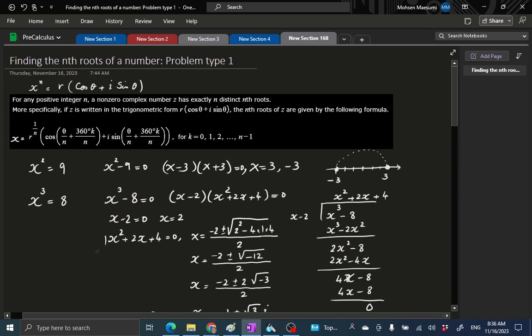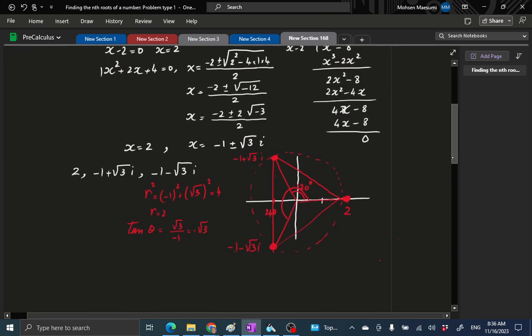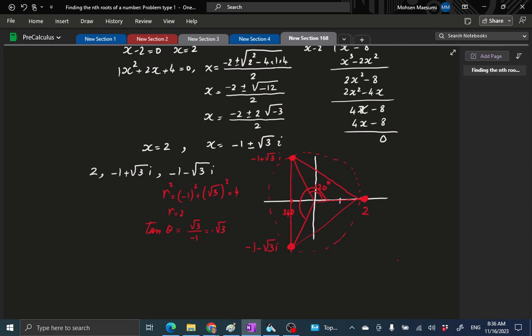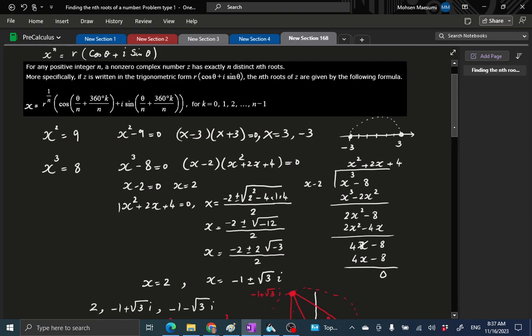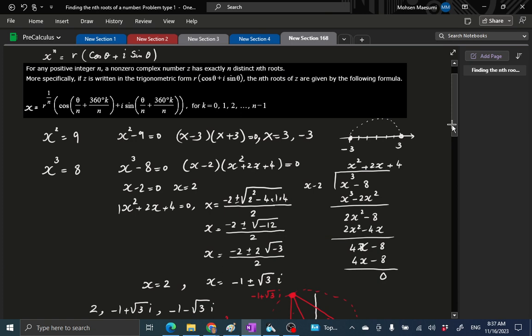That is because these solutions form the vertices of a regular polygon with n sides, and n is the exponent in your equation. The higher that exponent is, the more roots you are going to find, and the more they are going to resemble a circle. That is the idea that is involved here.